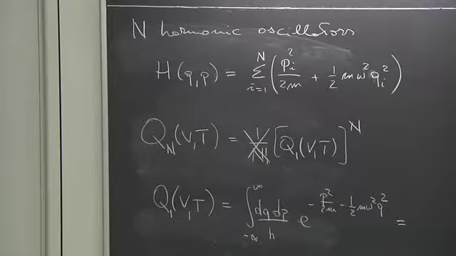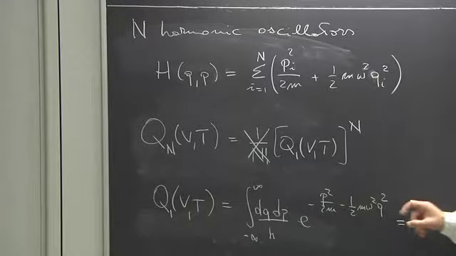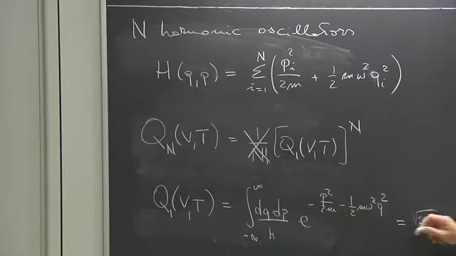Okay. So this is a very simple Gaussian integral that we have already seen. So if we do the integral in dp, there is a factor square root of 2 pi times m divided by beta.